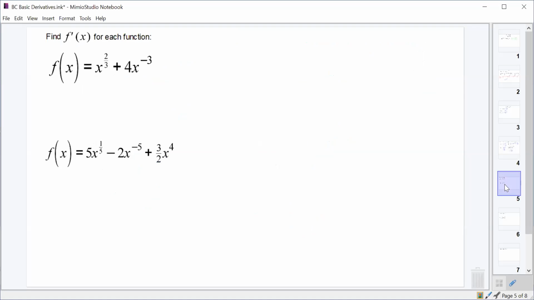Okay, what should this one be? Two-thirds x to the negative 1/3 minus 12x to the negative 4.